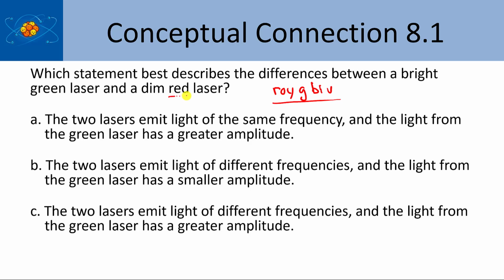And red versus green, I know that they're going to have different wavelengths, and because they have different wavelengths, right, because here's red and here's green, they're going to have different frequencies. So I'm going to keep both those things in mind as I read through these statements, okay? The other thing that I know is a bright green laser has a larger amplitude. And a dim red laser is lower amplitude.